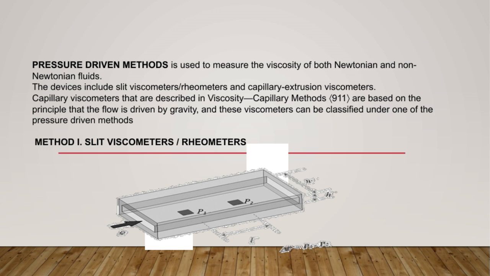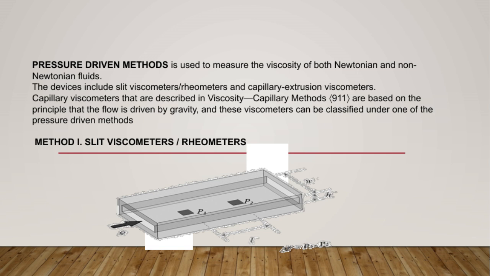They rely on the pressure difference created by gravity to measure how easily the fluid flows, which in turn gives us its viscosity. Now, specifically looking at slit viscometers and rheometers, these tools are designed to analyze fluids under different flow conditions. They help us understand how fluids behave when subjected to shear stresses, providing detailed insights into their viscosity characteristics.